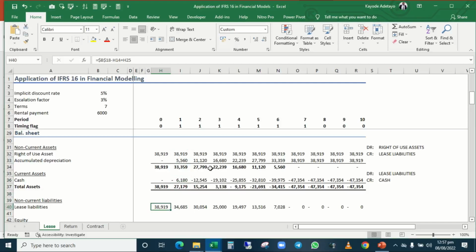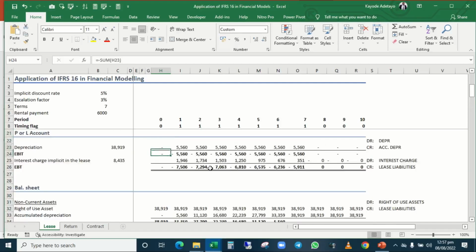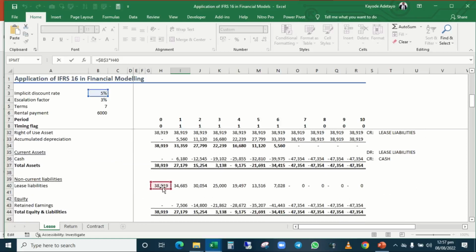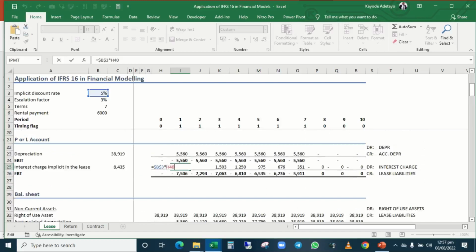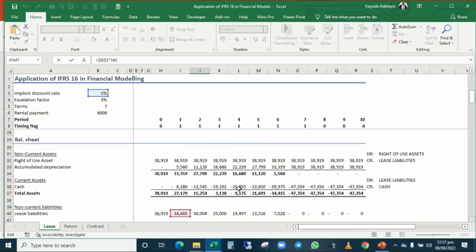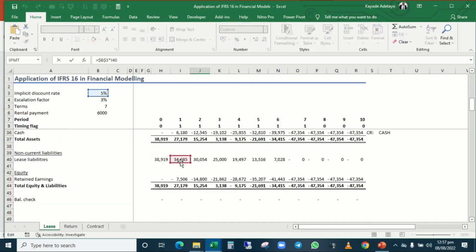If you look at how the interest charge is calculated here, it is the 5% multiplied by the value of the lease liability. Then if you look at the second one, F2, it is still 5%, but the value of the lease liability now is lower, because a payment of 6,180 has been made to reduce it.